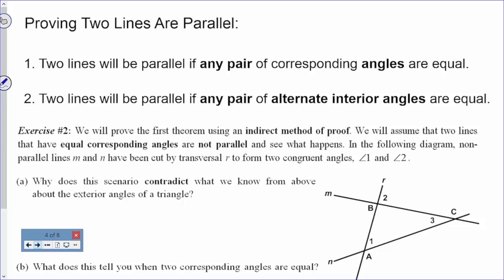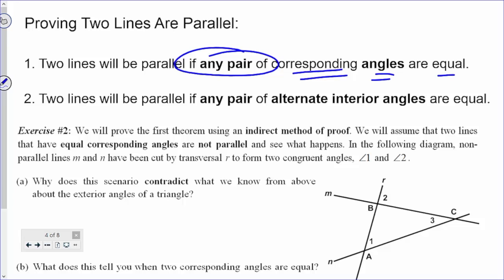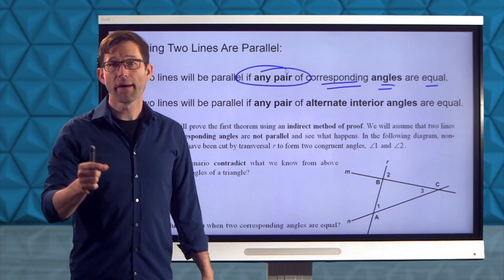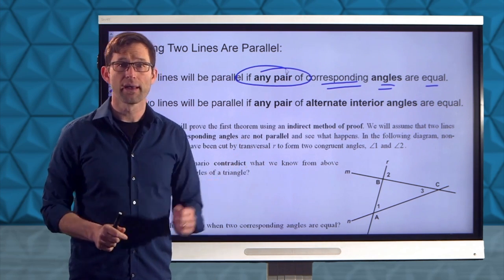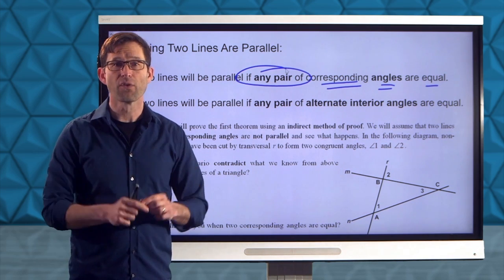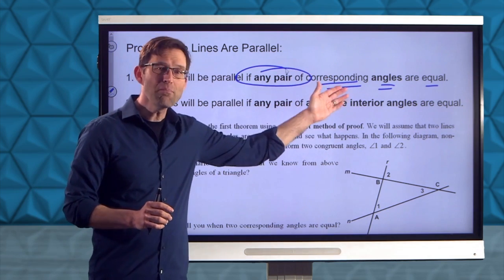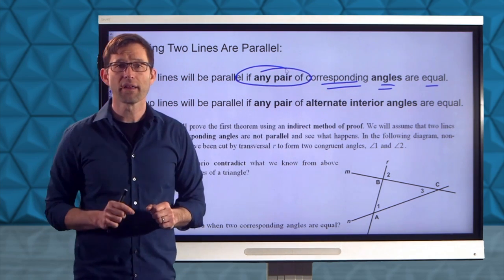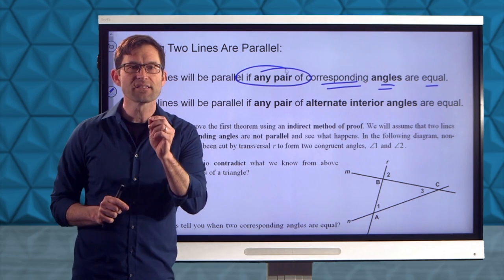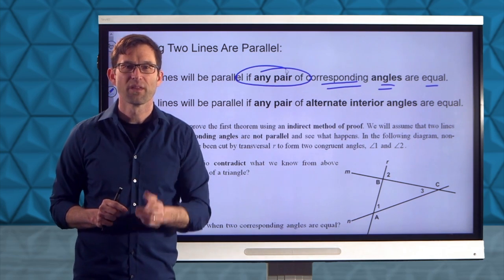Proving lines are parallel. One way will be to prove that two lines are parallel if any pair of corresponding angles are equal. So we know that when lines are parallel, corresponding angles are equal. The converse is also true, meaning that if any pair of corresponding angles are equal, the lines must be parallel.